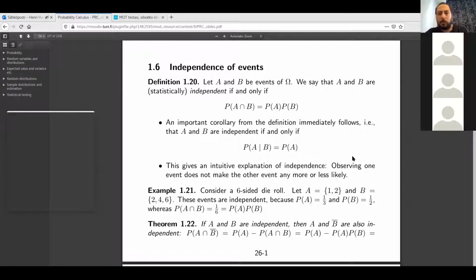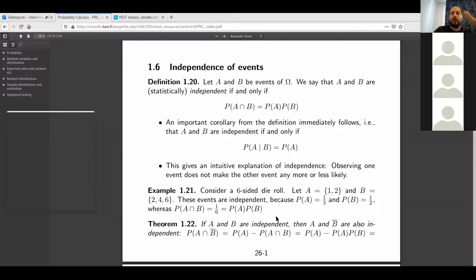I don't observe whether you have glasses. It may actually be that they're not independent, but usually we would assume that it's independent. If you wear glasses or don't, it doesn't affect your grade. Maybe, I don't know.